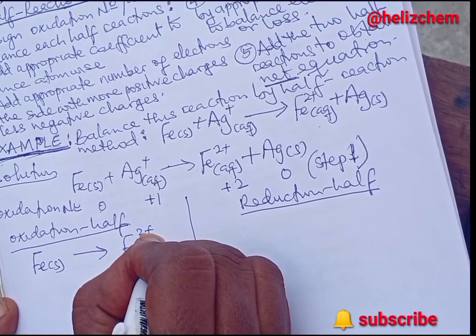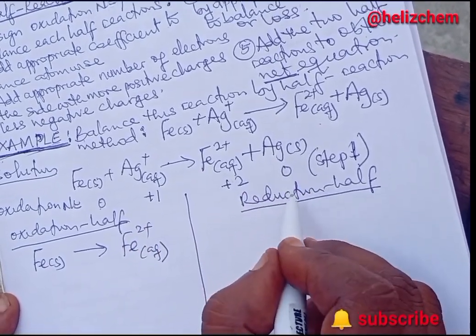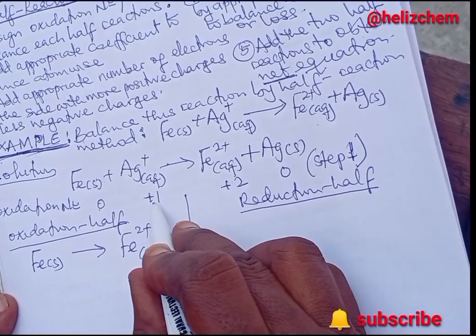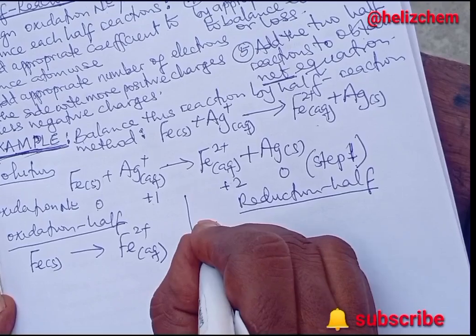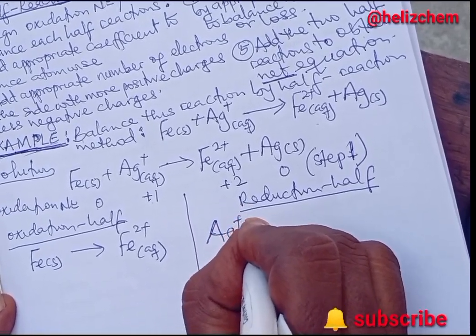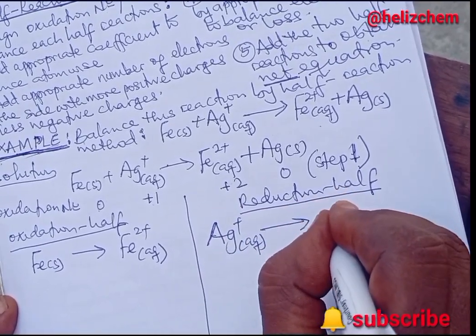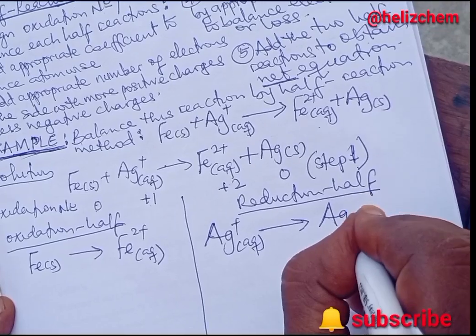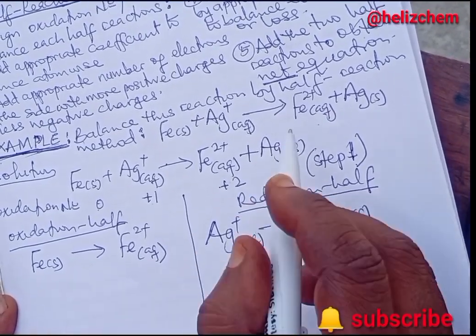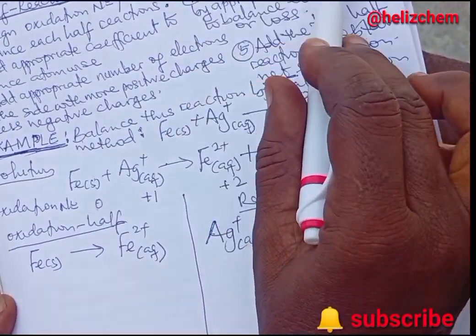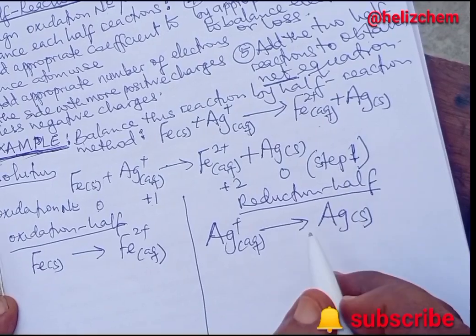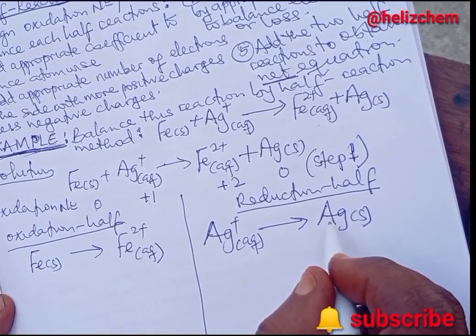So you will write that. Then for reduction, there will be decrease. So our silver aqueous is going to what? Silver solid. So we have completed step 2, which says separate into 2 half.